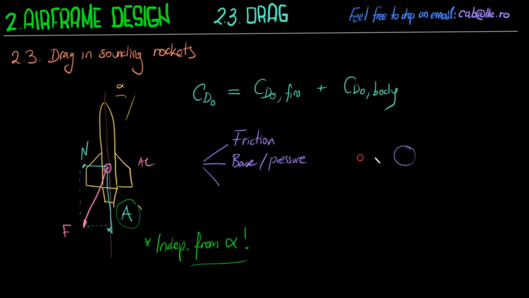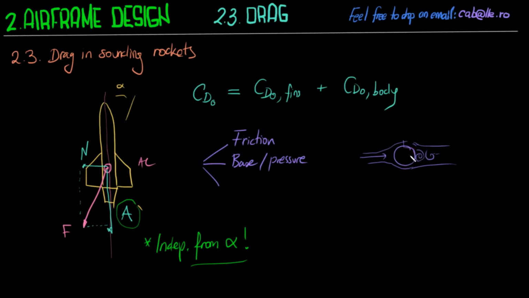If we have a ball and we have incident velocity, due to the viscosity the boundary layer isn't attached. This would happen if we had a potential flow, but of course we have a viscous fluid, so the boundary layer doesn't attach to the body. And then what we have is a zone with lower pressure.